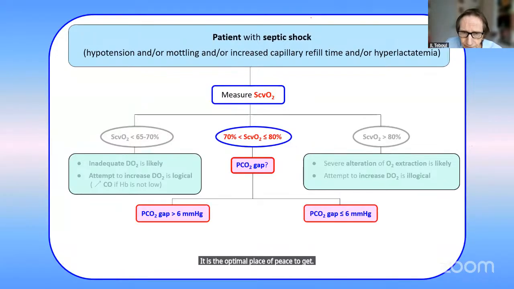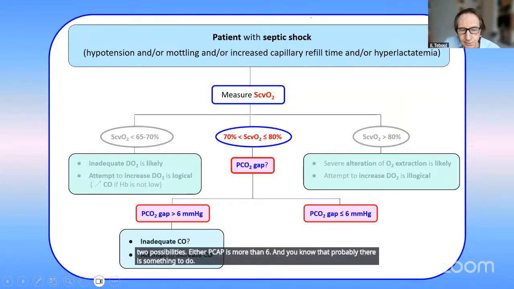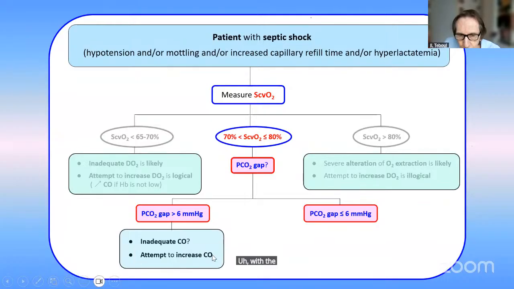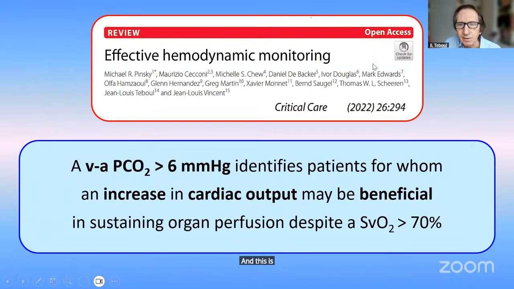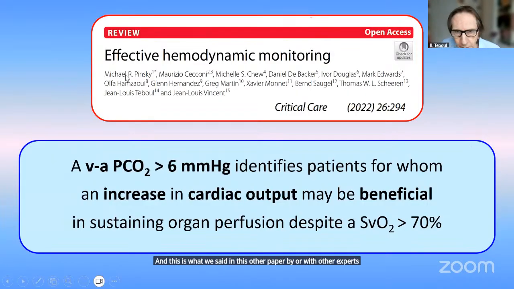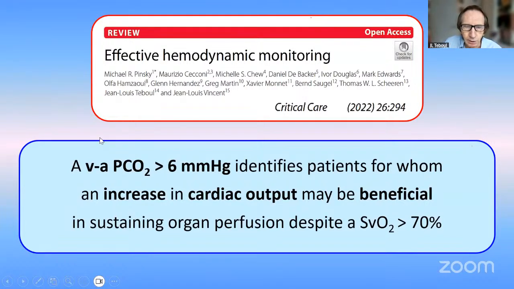Two possibilities. Either PCO2 gap is more than 6, and you know that probably there is something to do with increasing cardiac output, because in general it means that cardiac output is inadequate to metabolic conditions. And this is what we said in this other paper with other experts, Michael Pinsky, Jean-Louis Vincent, Daniel De Backer, and others.